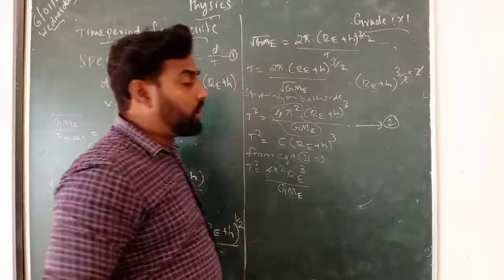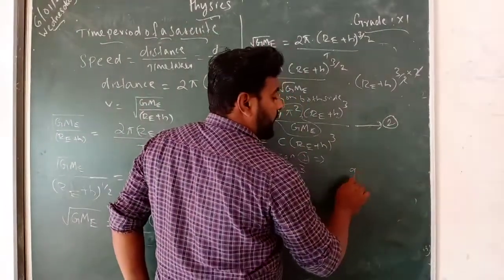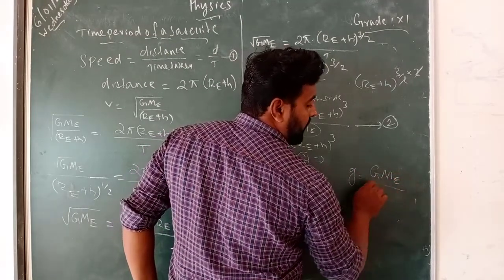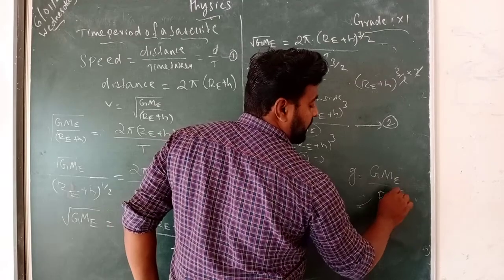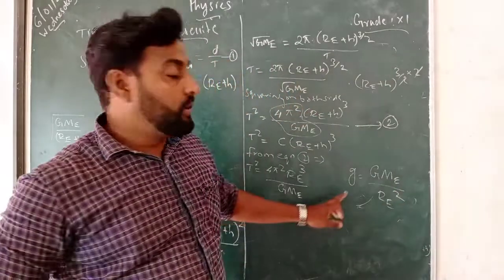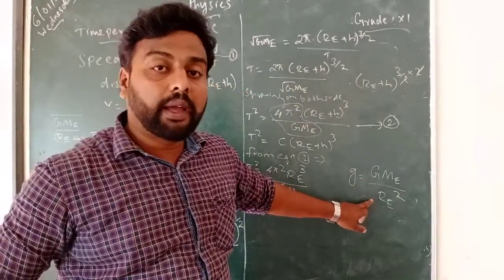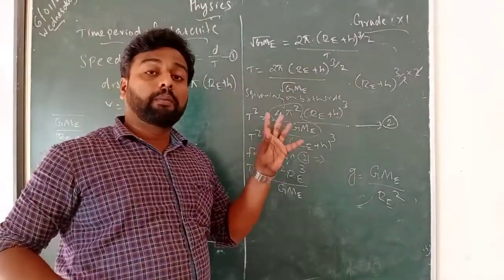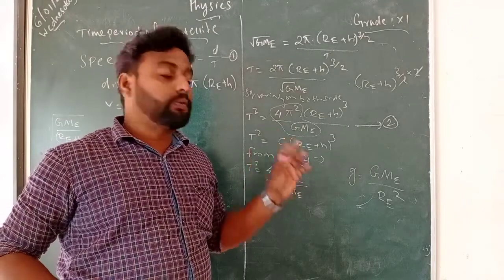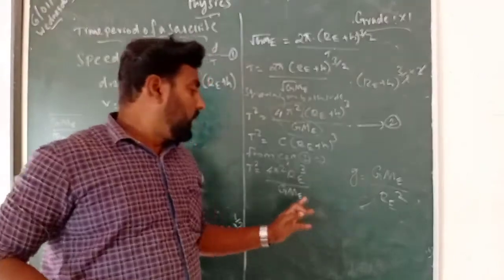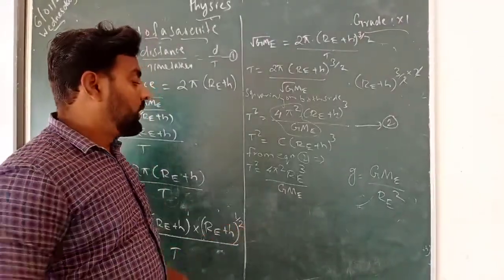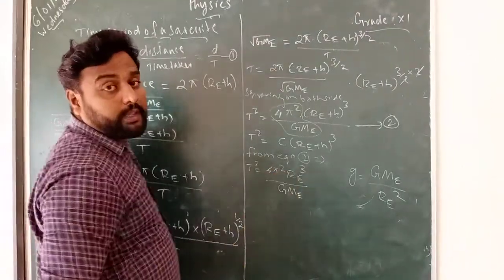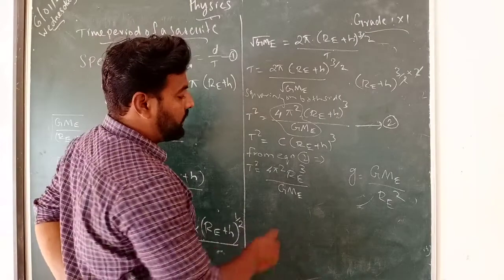Now we know that g is equal to GM_E by R_E square. The g value is GM_E by R_E square. So that is what I told, we are finding it in terms of this gravitational force. So what you have to do means, here R_E cube is there.